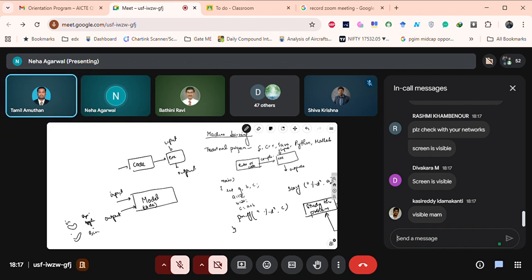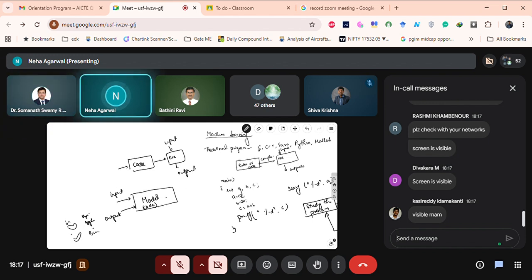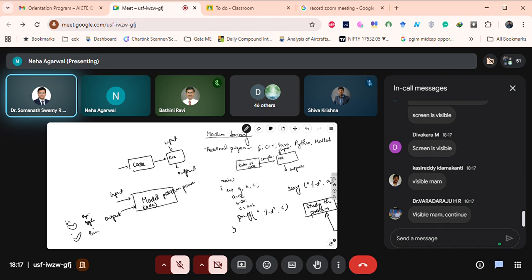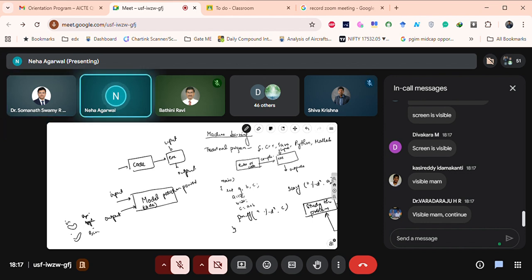Based on the combination that we are having of input and output, some model is going to be designed. And when this model is designed, it will have some prediction power. How it will have the prediction power, we are going to discuss in later classes.